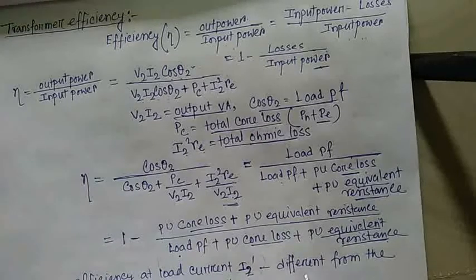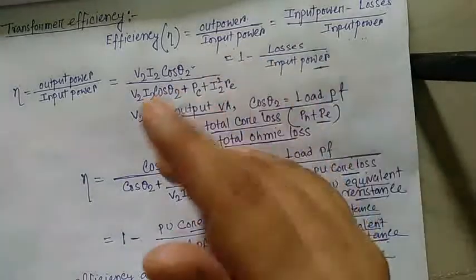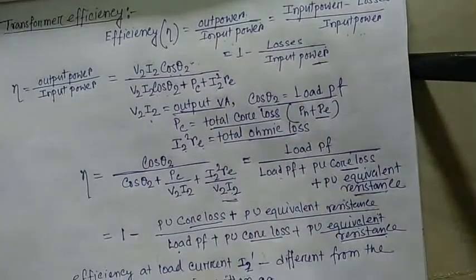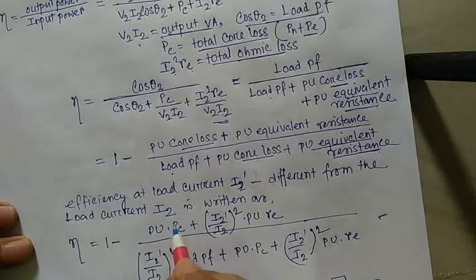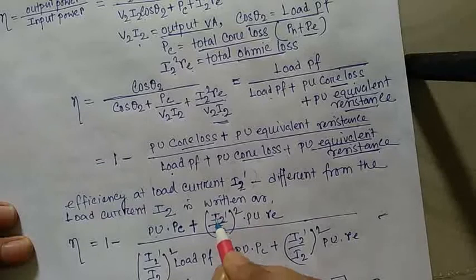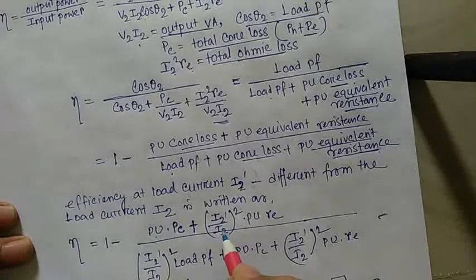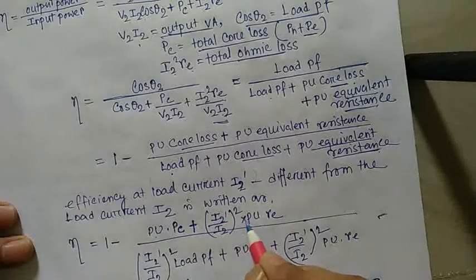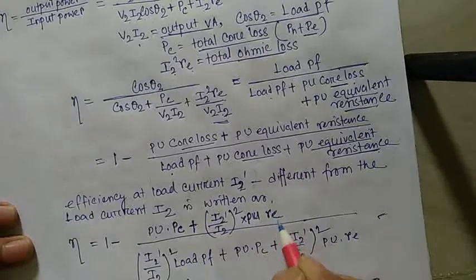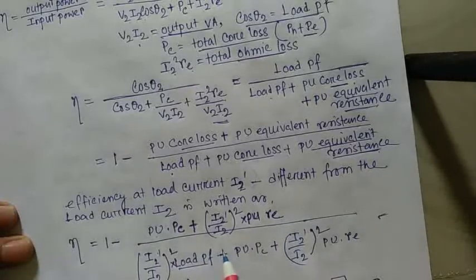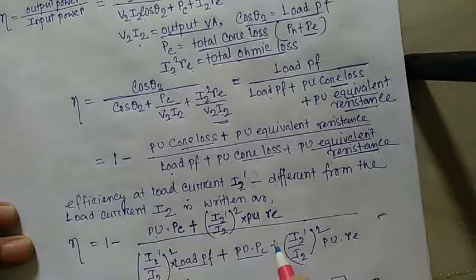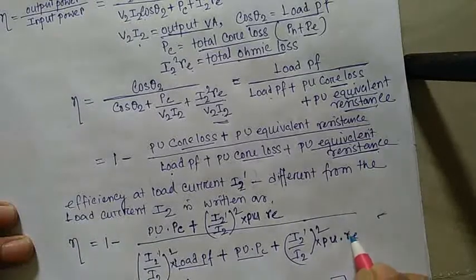That time it is different from the load current I2 that I took earlier. So the efficiency should be η equal to 1 minus per unit core loss plus (I2 dash by I2) whole square into per unit equivalent resistance, divided by (I2 dash by I2) whole square into load power factor plus per unit core loss plus (I2 dash by I2) whole square into per unit equivalent resistance.